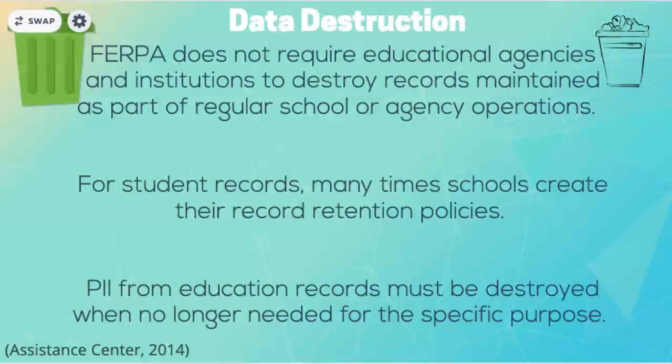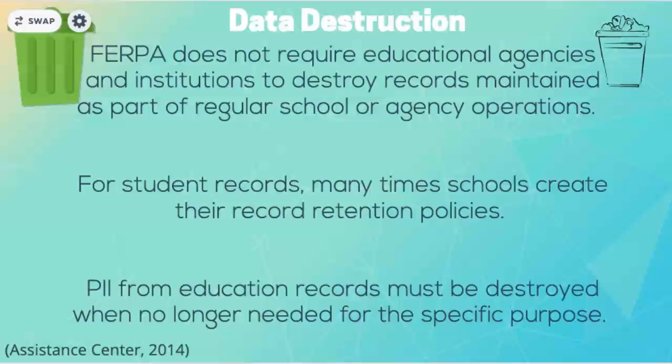So how does the data need to be taken care of? Data destruction: FERPA does not require educational agencies and institutions to destroy records maintained as part of regular school or agency operations. For student records, many times schools create their own record retention policies to state how long they're going to keep them and how they're going to destroy them.